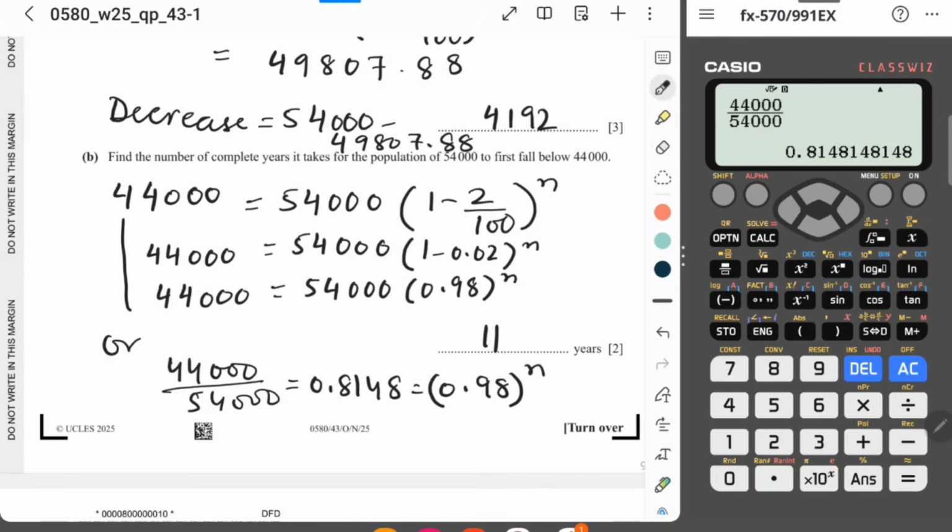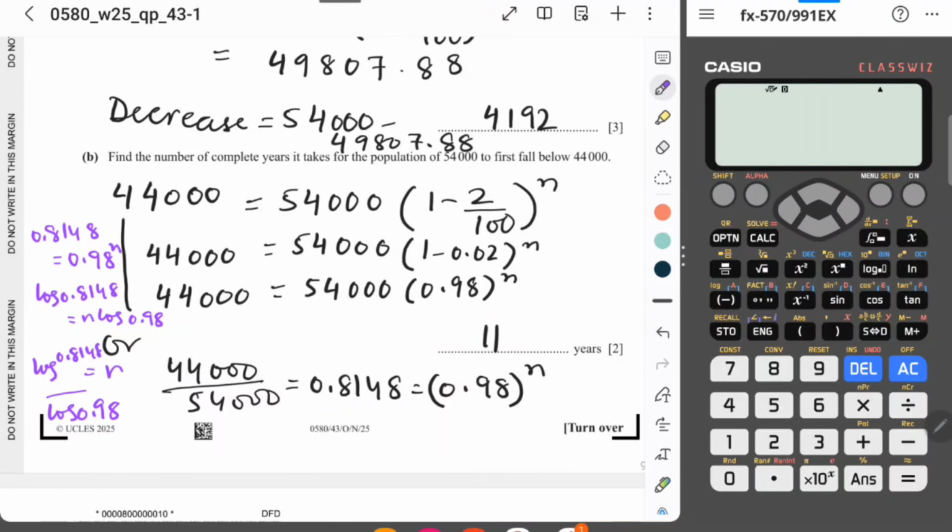Then log of 0.8148 is equal to n log of 0.98. So n is equal to log of 0.8148 divided by log of 0.98. I'm just telling you the alternate way.